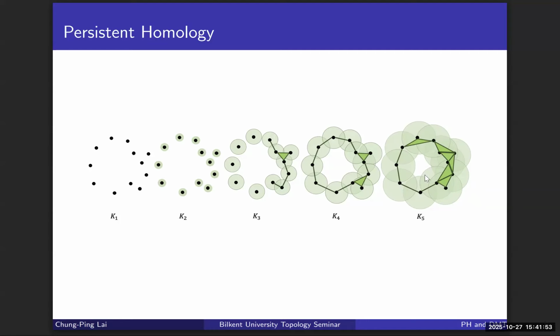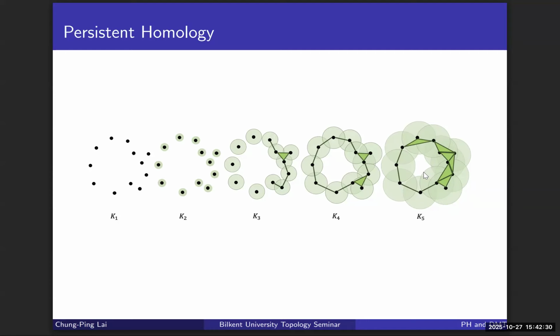But notably, if you try to imagine the radius increasing even further, then you may start seeing giant open balls, and a lot of open balls intersecting, and that really goes the other way in the sense that now we have less information, like the hole disappears because the open balls are too large.